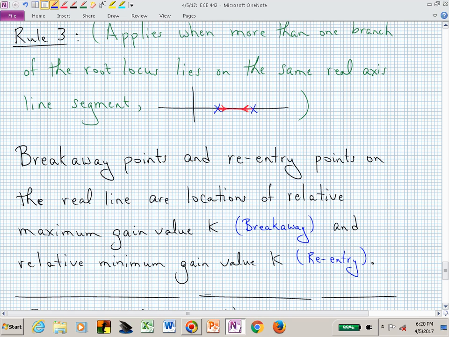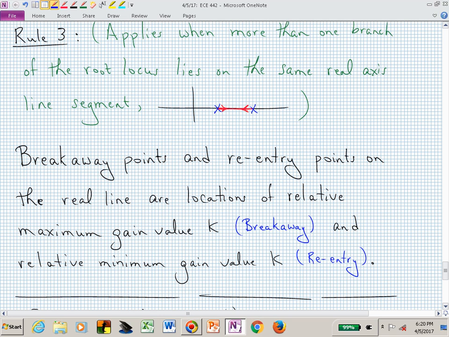In this case that I'm illustrating above, this would lead to a breakaway point, because K is increasing until they meet in the middle and then they break away from the real axis. We may have a case where they have left the real line, move around in the z-plane, and then come back and re-enter on the real line.